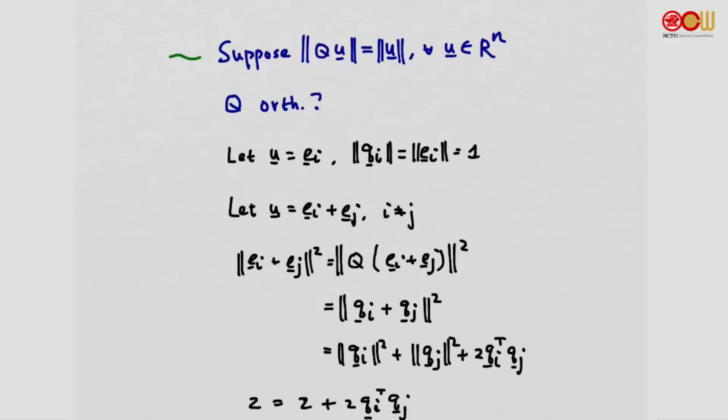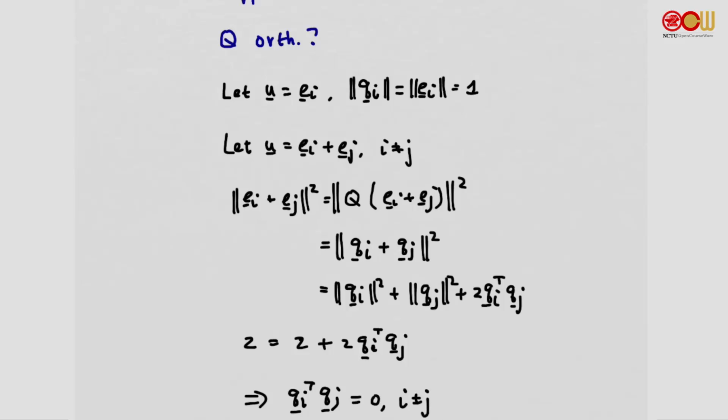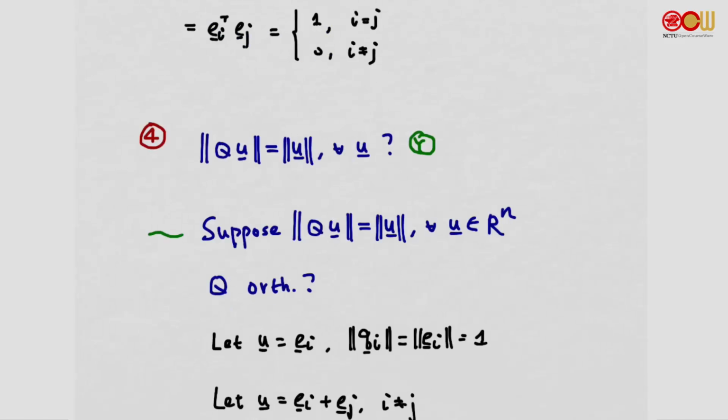And on the right-hand side, because we already know q_i is a unit vector and q_j is a unit vector, this is 1, 1, we get 2, and then the dot product. And we see what the value of the dot product is. It's equal to 0, isn't it? Whenever i is not the same as j. So the converse is also true.